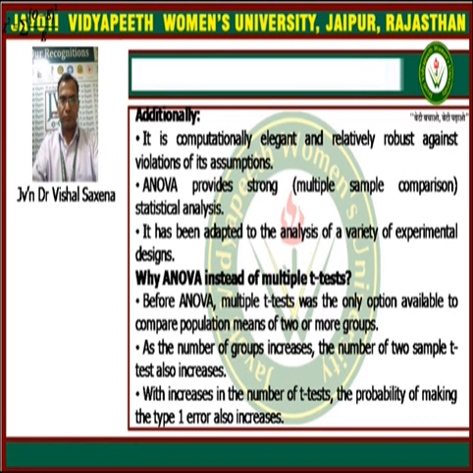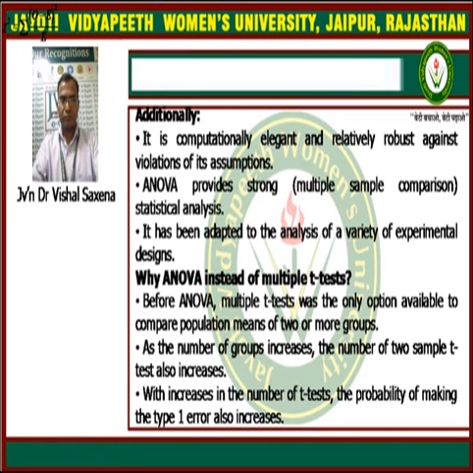Now next we take why ANOVA should be used instead of multiple t-tests. Before ANOVA, multiple t-tests were the only option available to compare population means of two or more groups. As the number of groups increases, the number of two-sample t-tests also increases.